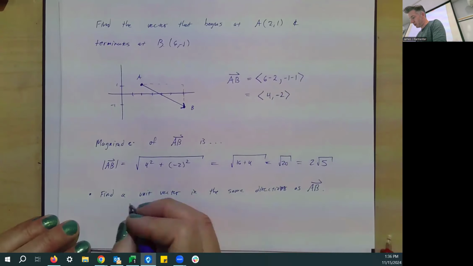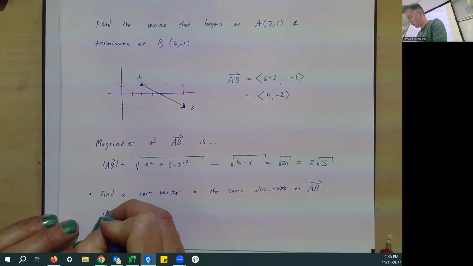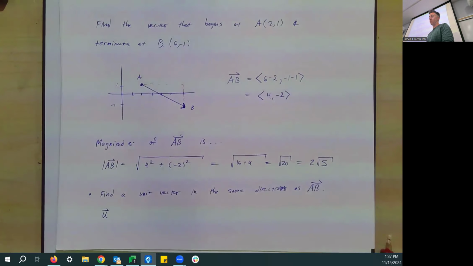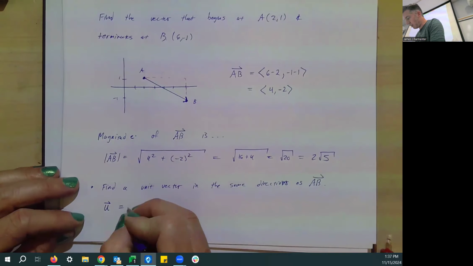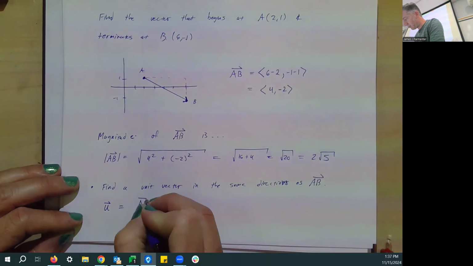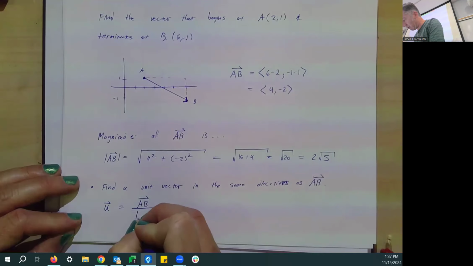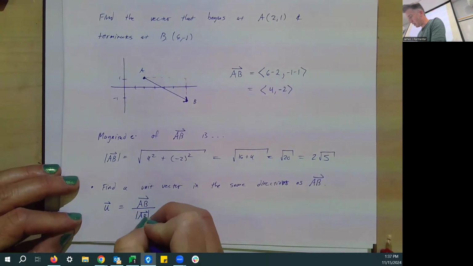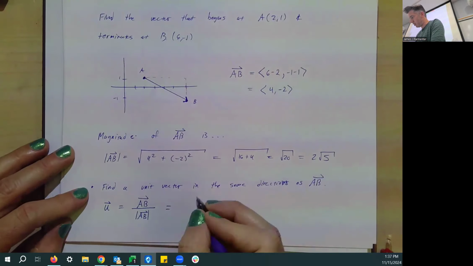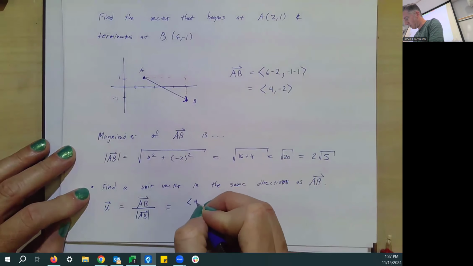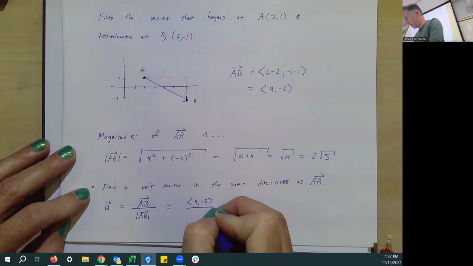The unit vector here, which we often write as a lowercase u with an arrow above it, for u for unit, is going to be the vector AB divided by its own magnitude. In this case, it's going to be the vector 4 comma negative 2 divided by 2 root 5.